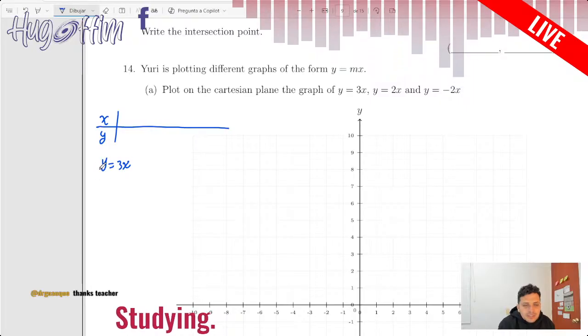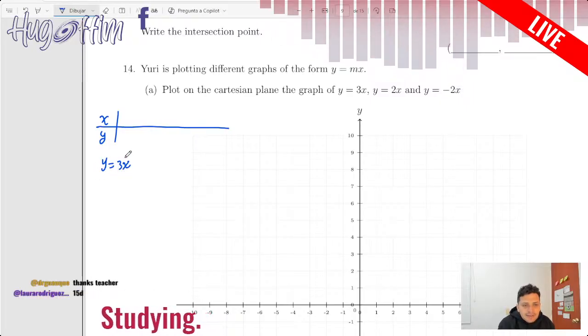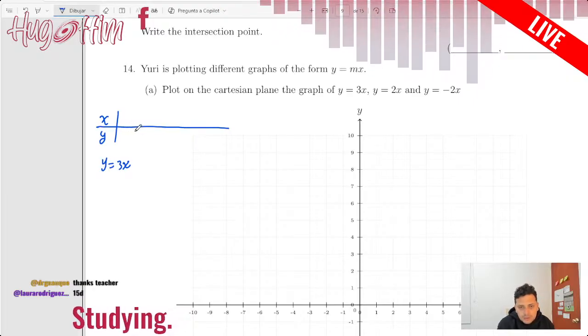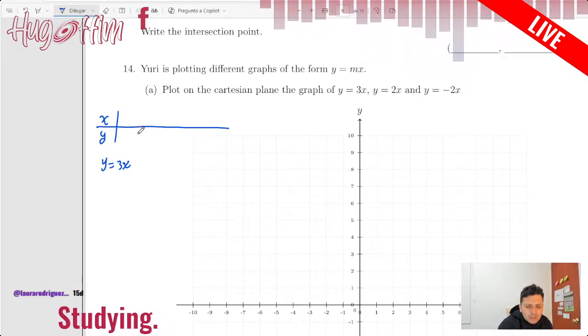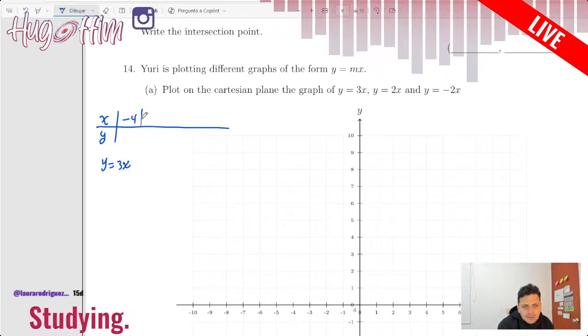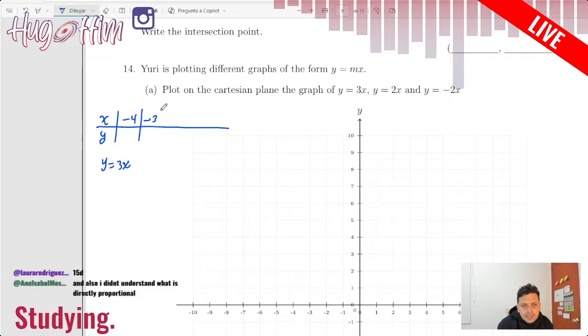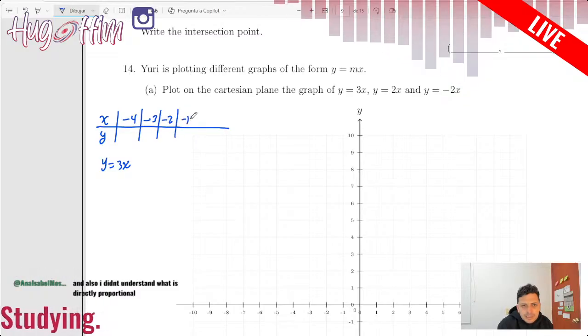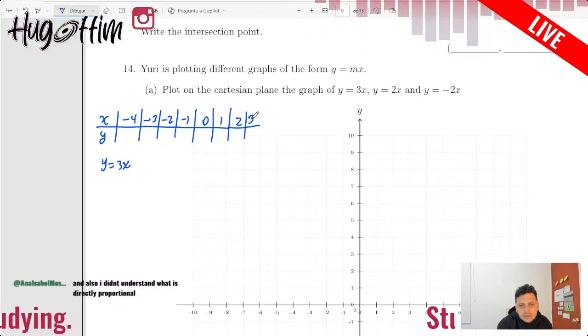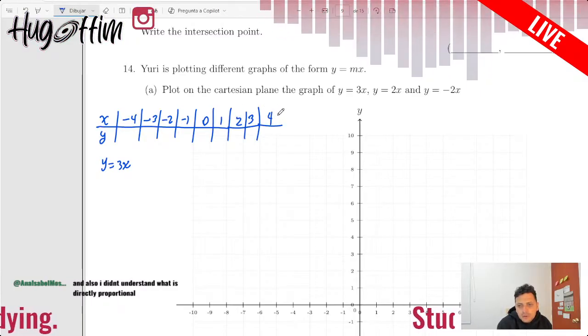What it means here is that every time I have an x, I have to multiply by 3 to get y. I'm going to choose only some points starting from -4, for example: -4, -3, -2, -1, 0, 1, 2, 3, and 4.